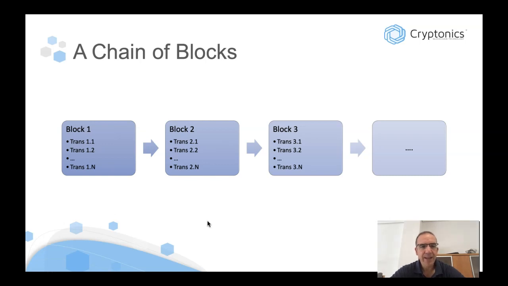So miners select transactions from a list of unconfirmed transactions, and they're confirmed by being included in a block. Now, this block is added to the end of the chain of blocks, and it references the earlier block, and by that we generate this long list of blocks. It's basically a linked list data structure.